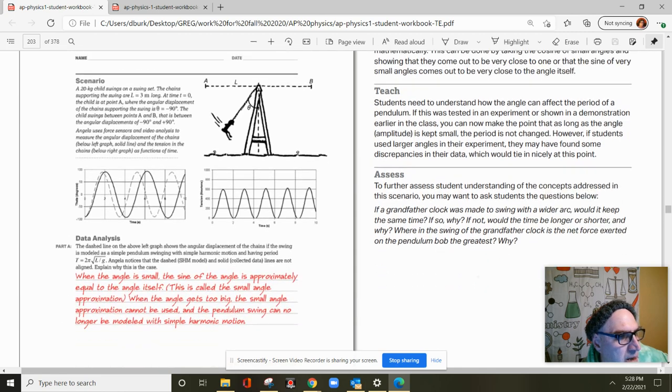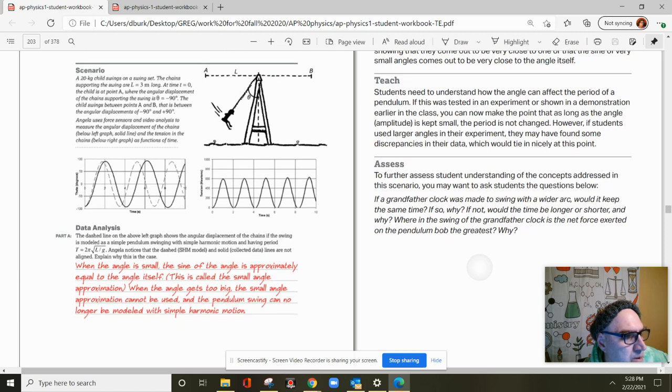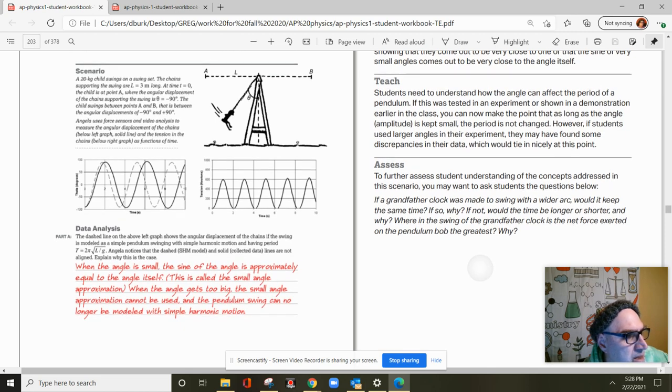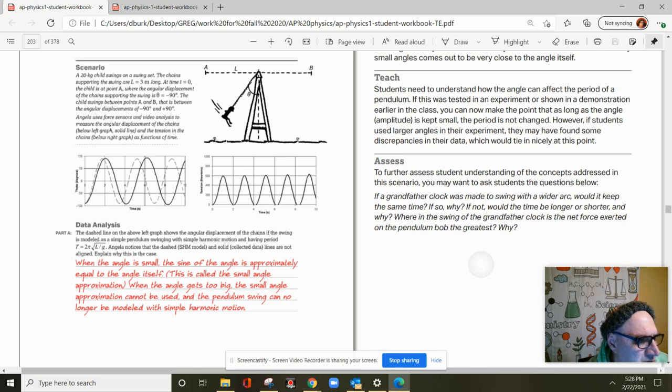We're on J. We have a child in a swing set. L is 3 meters. The chains supporting the swing are 3 meters. The child's at point A. Yikes. Really? Way up there? That's crazy. Time equals 0. The child is at point A, perfectly perpendicular to the swing set?